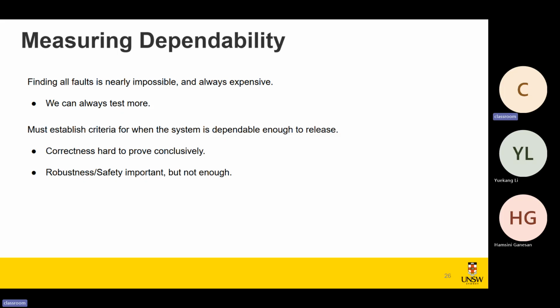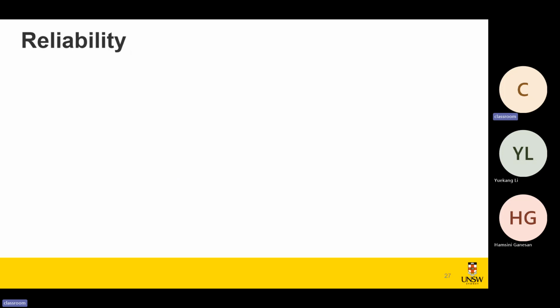Safety is more related to avoiding hazards, and robustness is more related to handling failures gracefully, right? They are important, but they are not enough. And so the most usable metric here is actually reliability. So it's actually the basis for arguing dependability here. So let's think about how can we derive some metrics according to reliability.